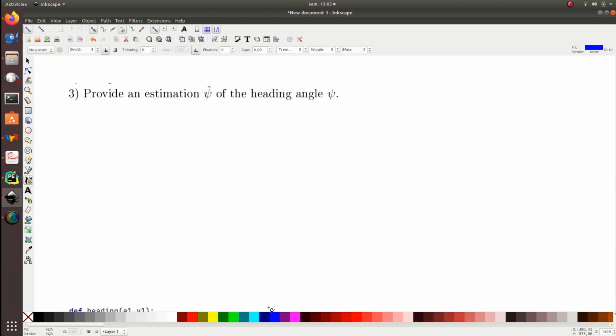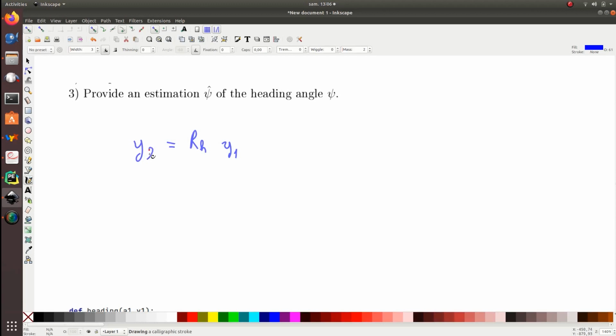Question number 3, I have to provide an estimation psi hat of the heading angle psi. What we do here is that we transform the vector H1, which is the magnetic field measured by the sensor in the boat frame. Then I transform it to see what is seen by the avatar.